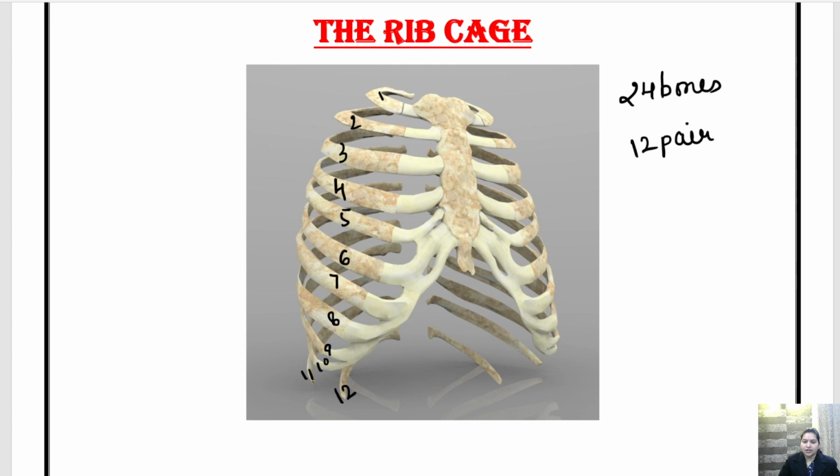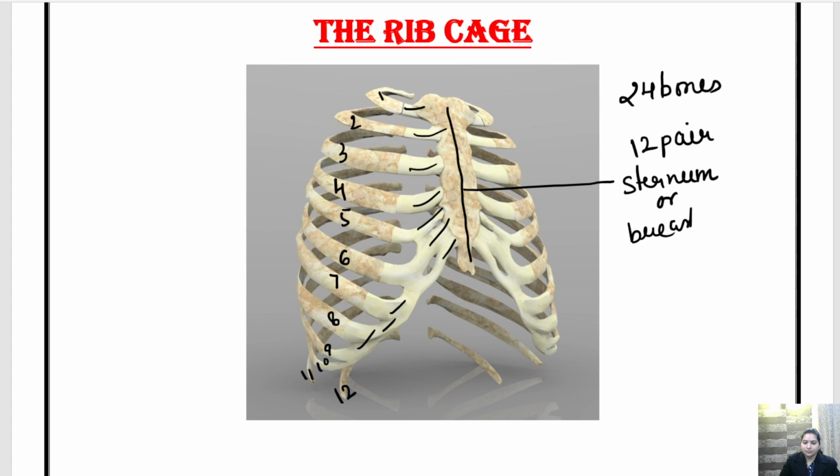Among these, children, 10 pairs, like 1, 2, 3, 4, 5, 6, 7, 8, 9 and 10, are attached to the center bone that is called the sternum. It is also called the breastbone.